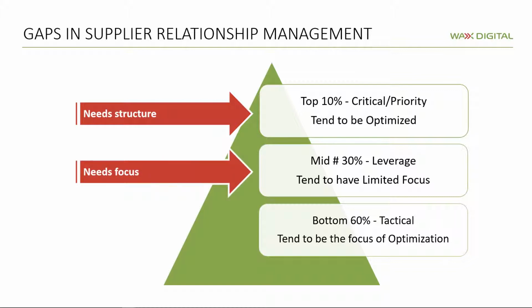But then the middle layer very often don't even have that level of oversight, and just leaving them to their own devices is not an effective supply chain management strategy, because maybe they're the critical suppliers of the future, or maybe they're taking advantage of flying under the radar, and so playing fast and loose with contract terms or pricing or delivery performance.